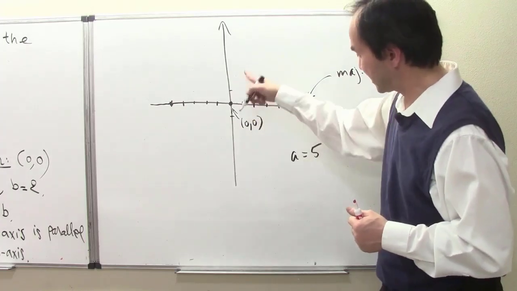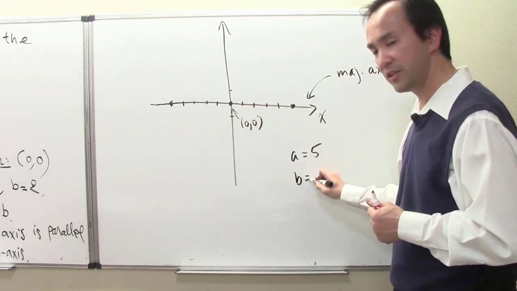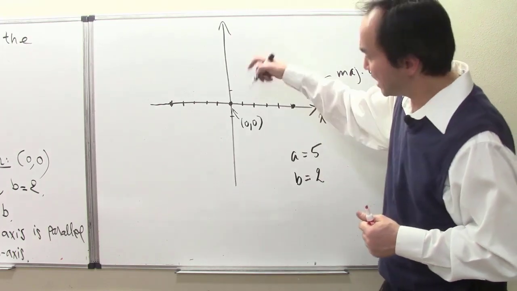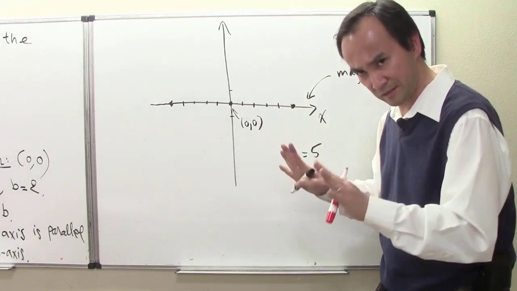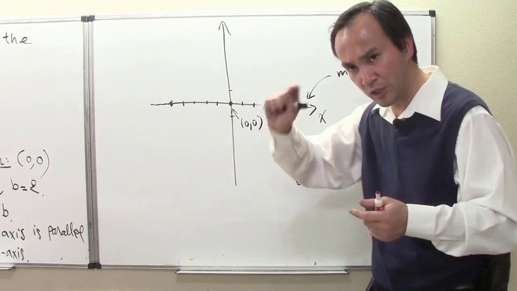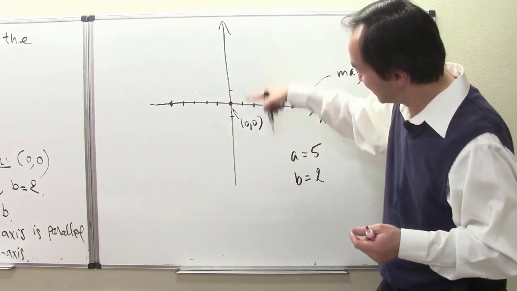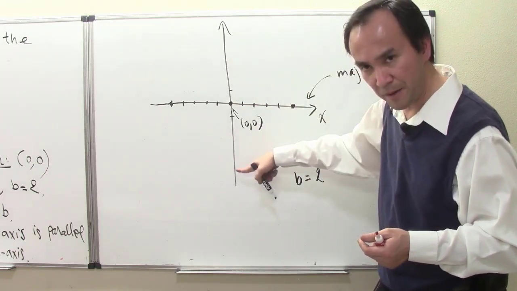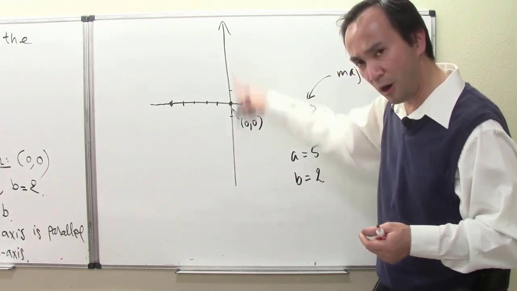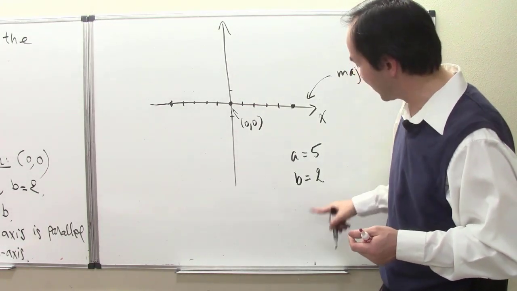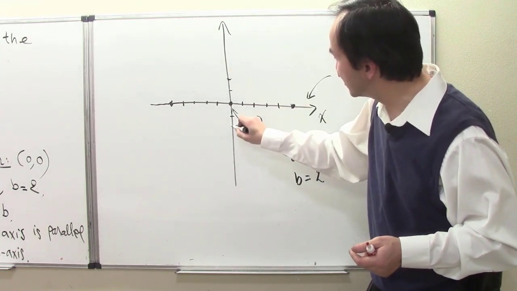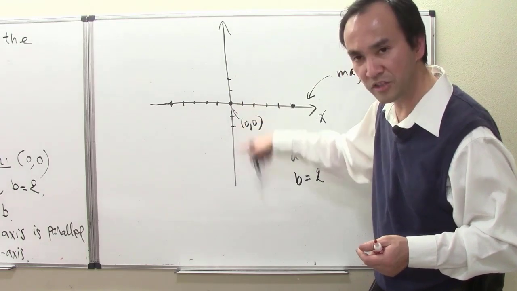And now with that same scale right here, the b value was listed as 2. That means, so I'm showing a faster way instead of going through the coordinate points, on the minor axis, which is parallel to the y-axis in this particular problem, the intercept is 2 spaces away from the center to each side.